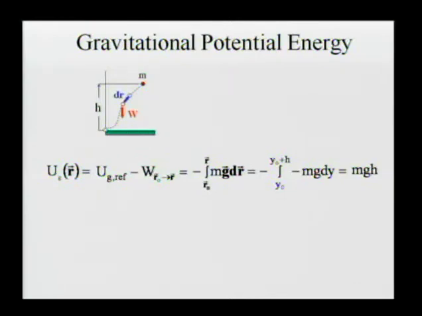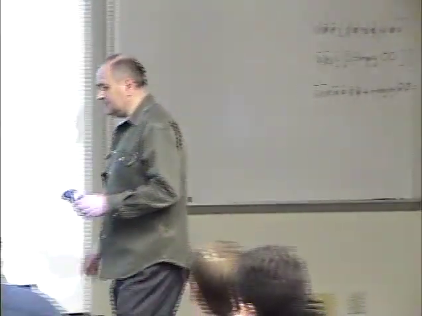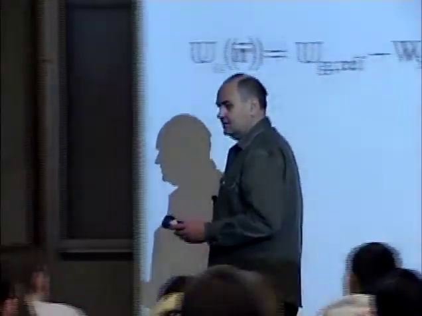So if I walk, let me give you a few puzzles then. If I walk from here to here, how much work did Earth perform on me? None. Why? Because directly from that, my potential energy, I did not change my elevation above the floor. Right?